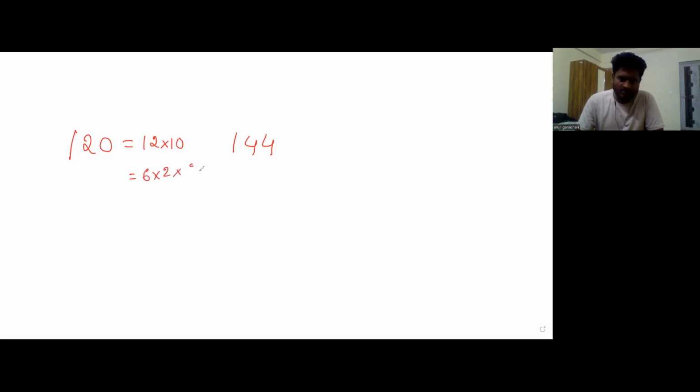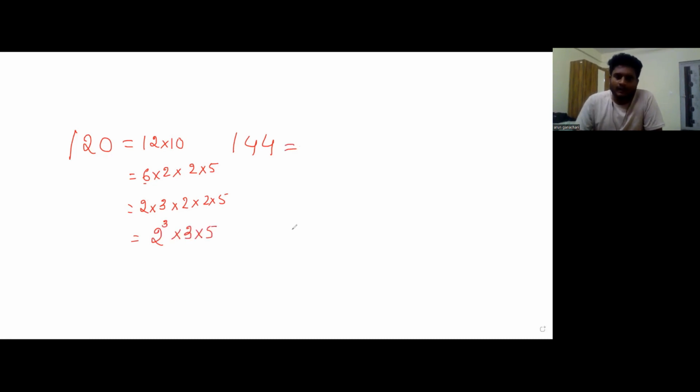And 10 can be written as 2 5s. There is no further simplification required, but 6 can be written as what? 2 3s. So we have 2 3s and 2 into 5. So how many 2s we have? 3 2s. So it will be 2 cube into 3 into 5.